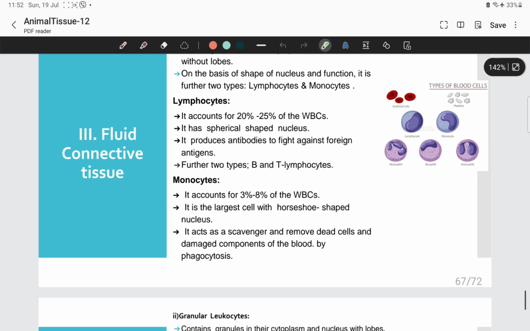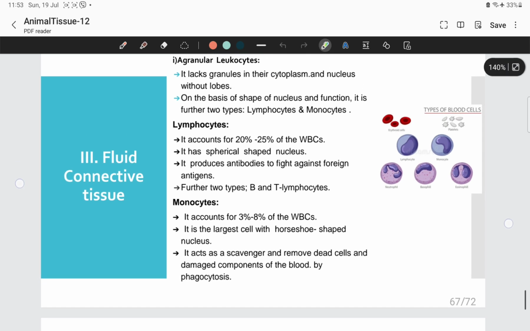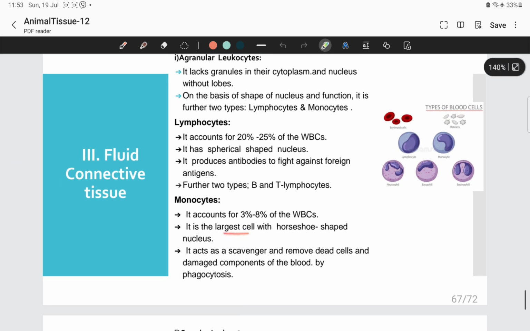Monocytes are produced in very little amount. It is just 3 to 8% of the WBC. But in terms of size, among these different types of WBC, it is the largest cell. If you are asked what kind of WBC is the largest one, then your answer is monocytes.